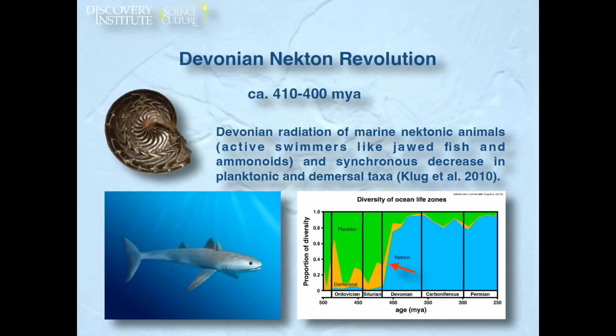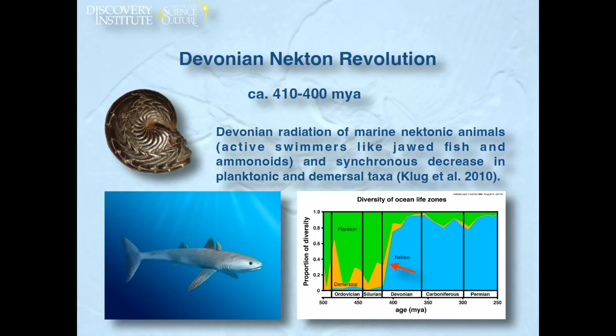What is next? In the Devonian itself, about 400 to 410 million years ago, there is an event that has been called by a study friend of mine, Christian Klug, the Devonian Nekton revolution. And what does this mean? If you're an animal and you live in the sea, you have just three options. You can live close to the seafloor, that is called demersal, and in this graph is shown yellow-brownish.